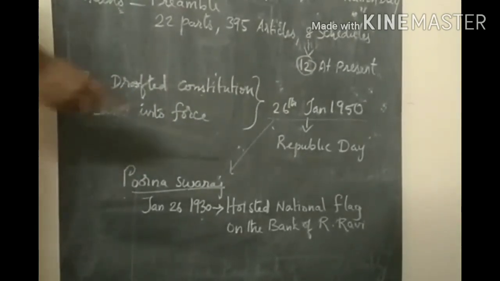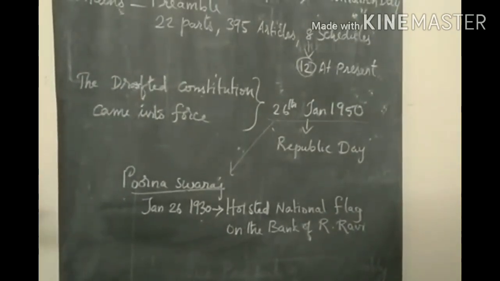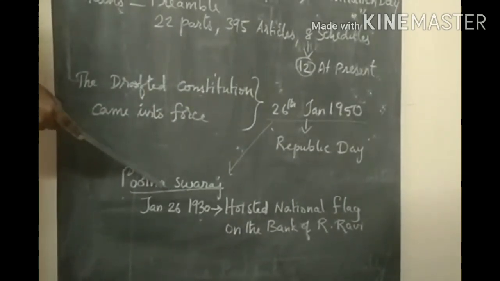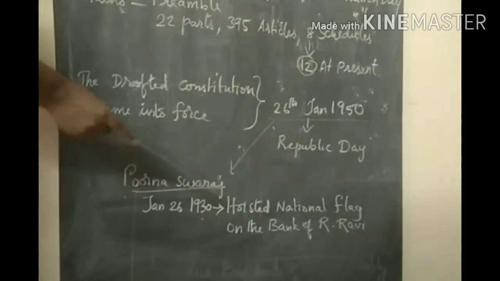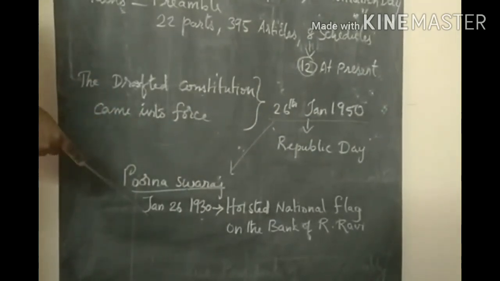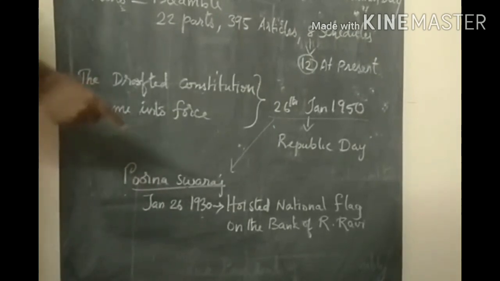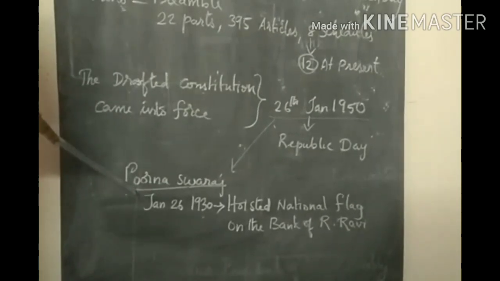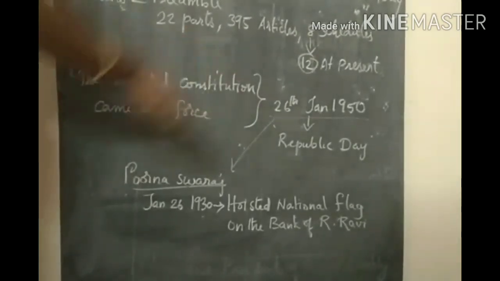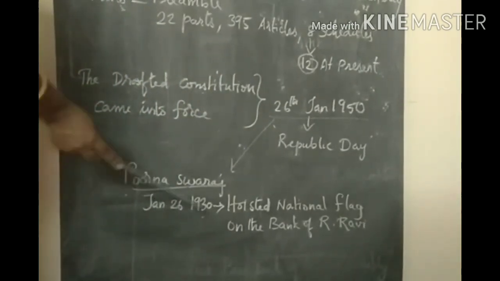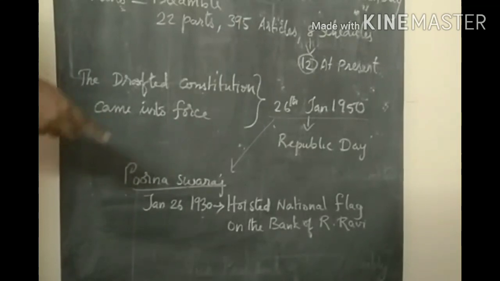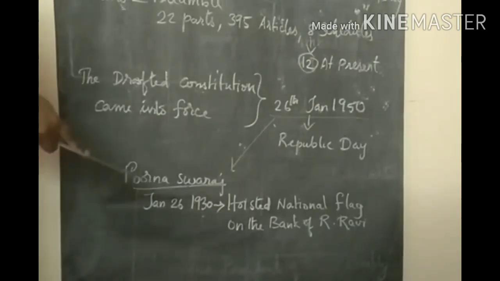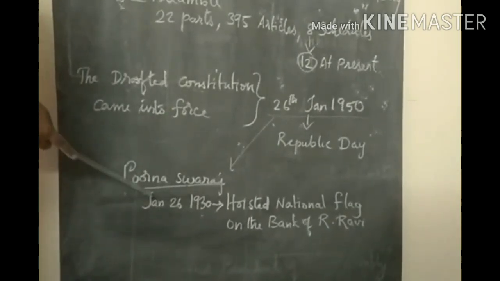Why did we select that day as Republic Day? Because on the same day, 26 January 1930, our Indian national leaders and freedom fighters hoisted our national flag on the bank of River Ravi and declared that day as Purna Swaraj Day.